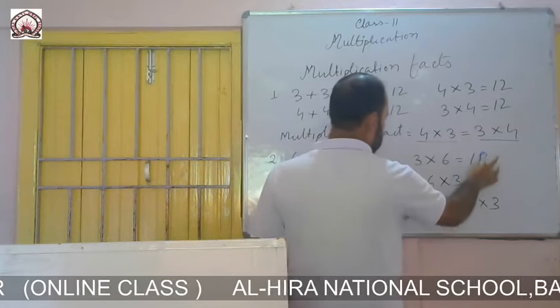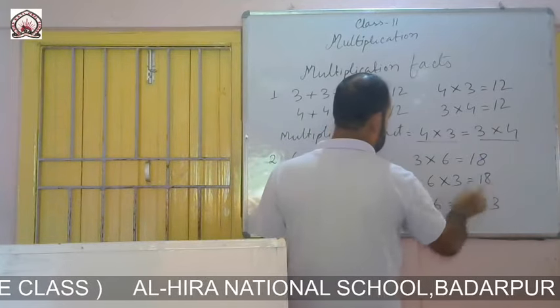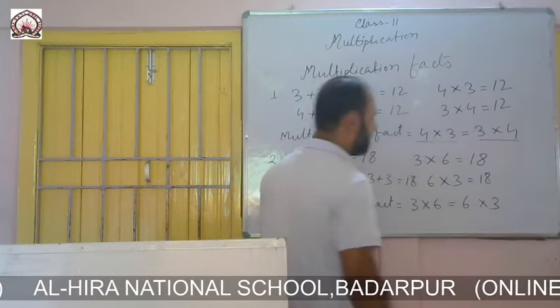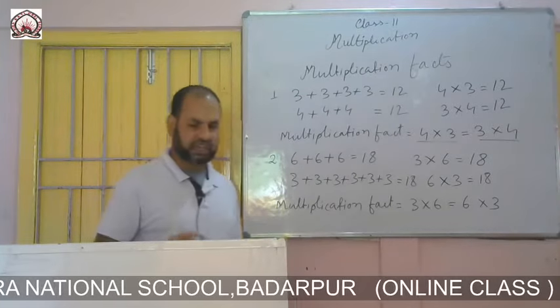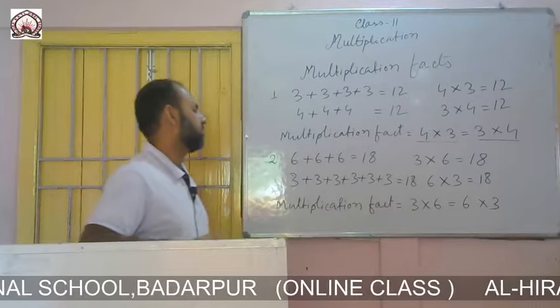We got 18, and 6 times 3 is also 18. So 3 times 6 and 6 times 3 are both the same.